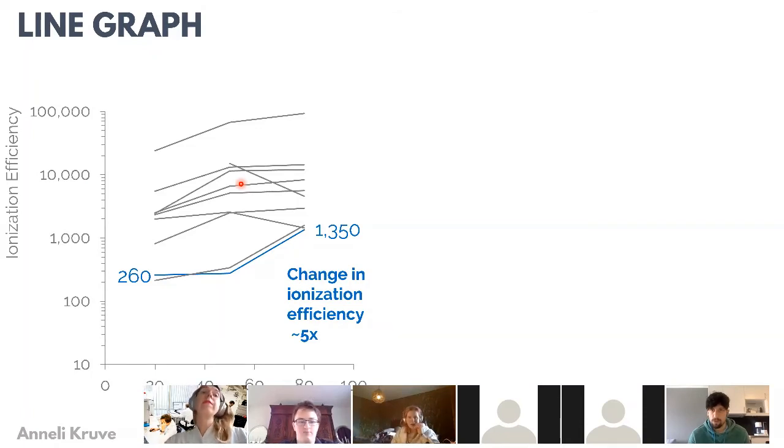Exactly. So the fact that we have these lines here almost automatically refers that the different points are belonging to something which is the same. So in this case, this is the same compound. But if we would just use points, it would be very complicated to understand which point belongs to the same compound if they would not be connected to each other.